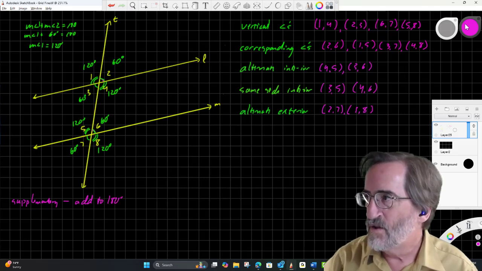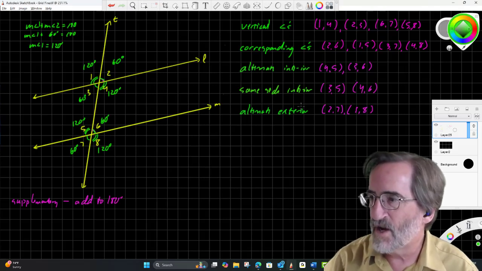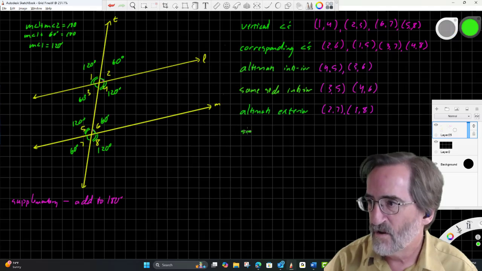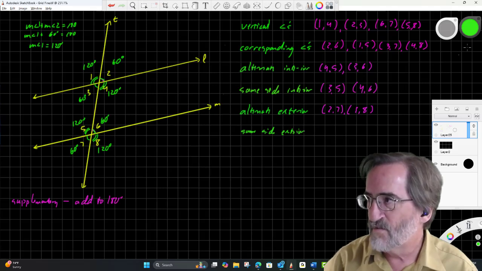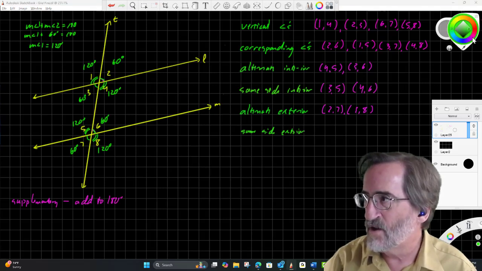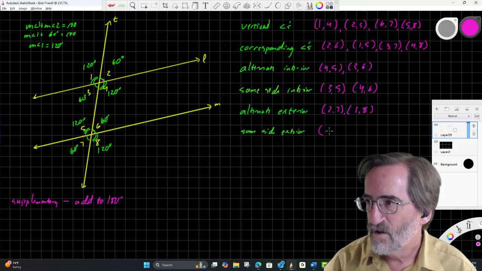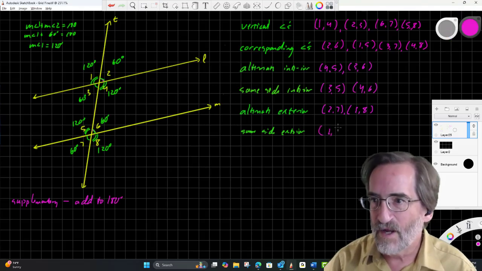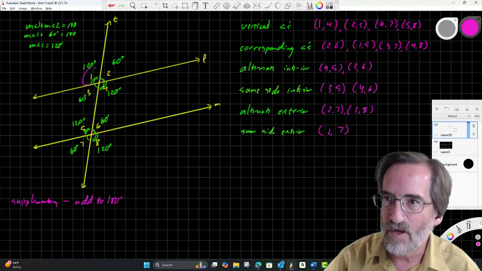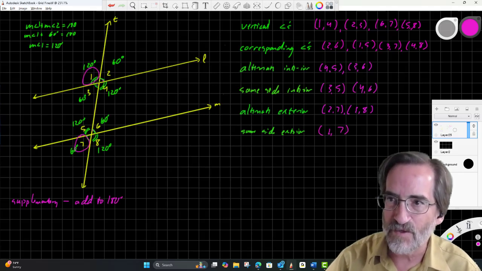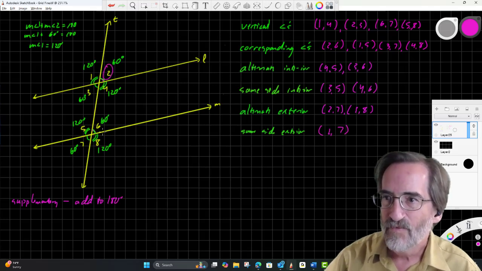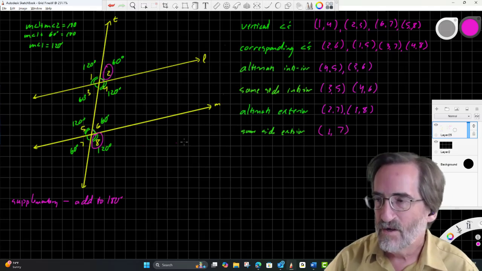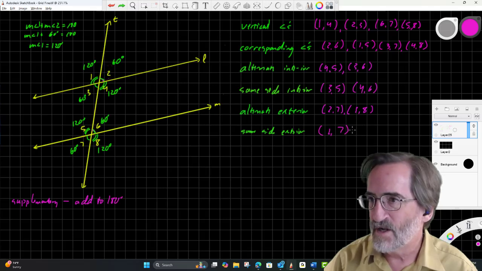And then finally, there are same side exterior angles. Same side exterior angles are angles like 1 and 7. See, 1 is on the left, 7 is on the left. They're both exterior, both outside the crossed lines. 2 and 8, same side, right side.